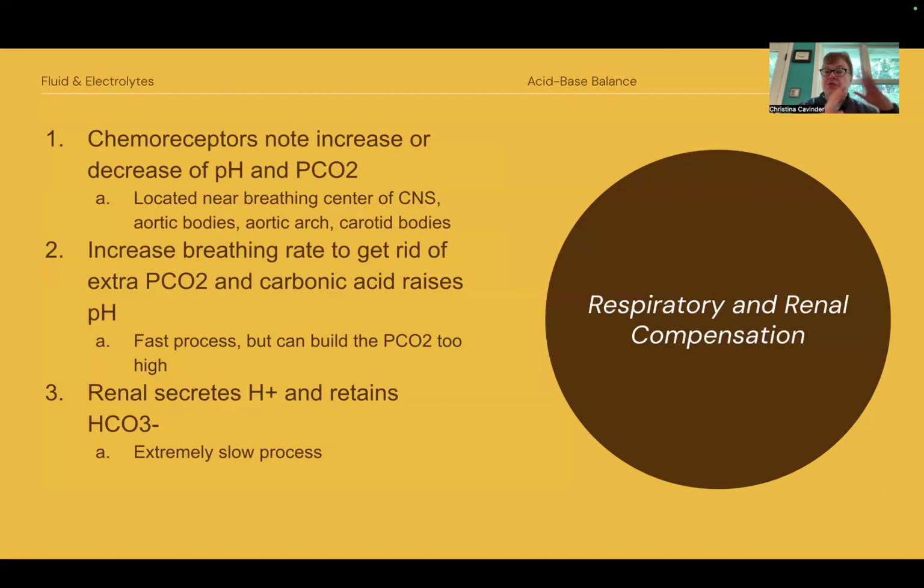That's why the lungs will do it first, and then the kidney will kick in. We don't really want the kidney to kick in because the kidney doesn't do a very good job. It retains that bicarb, but what it does is give off more CO2. So it makes the CO2 rise, which gives us respiratory issues. So we really don't want the kidney to start its process. It doesn't really help that much, I would say.